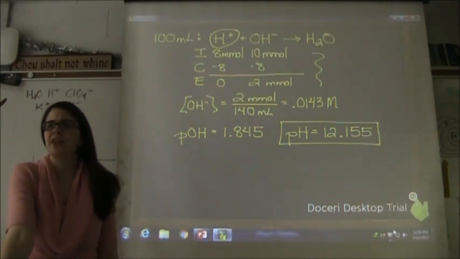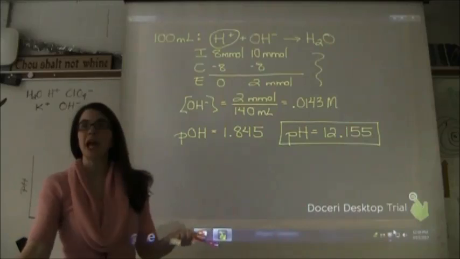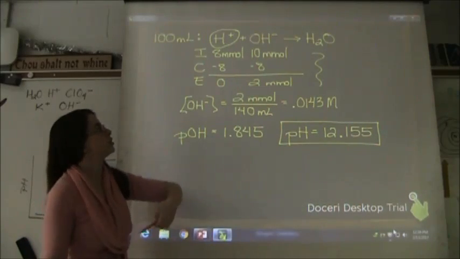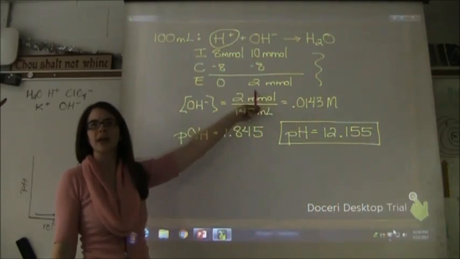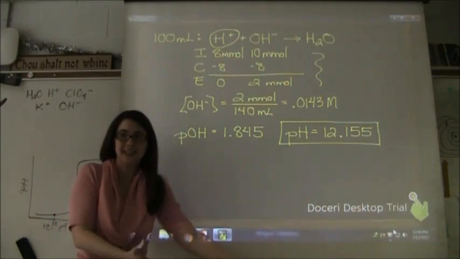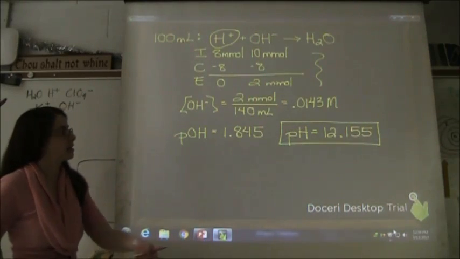Okay, why did I say this last step had something that was a little different? Yeah, the limiting reactant changed. Okay, my limiting reactant wasn't OH minus anymore. This time it was the acid. Let me say that to you another way. At the end of this reaction, I have excess base instead of having excess acid.